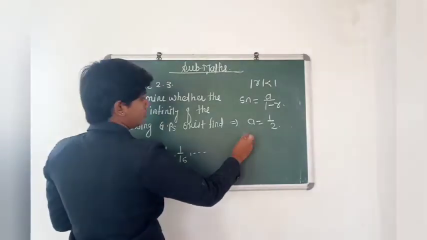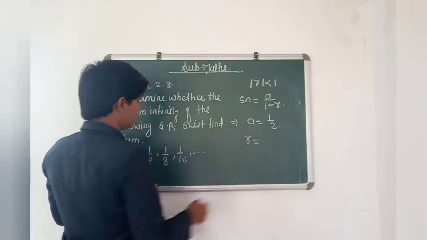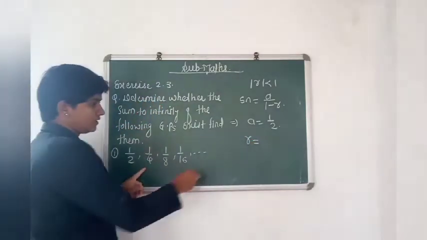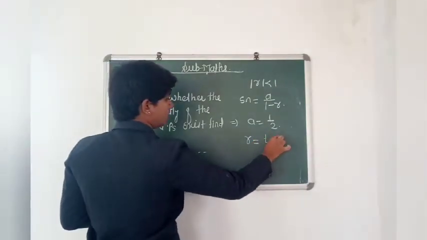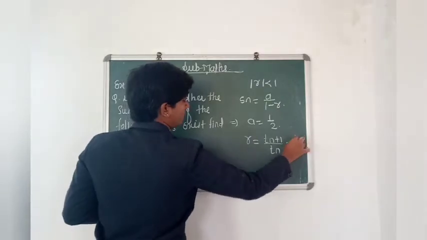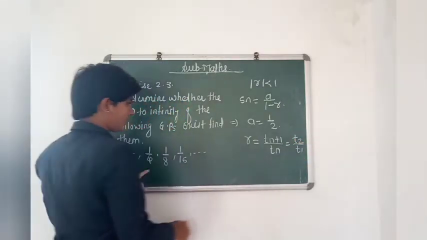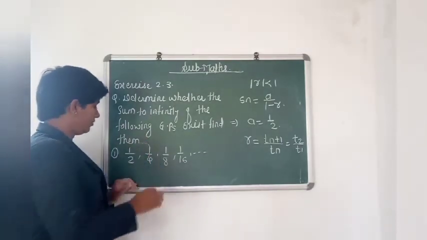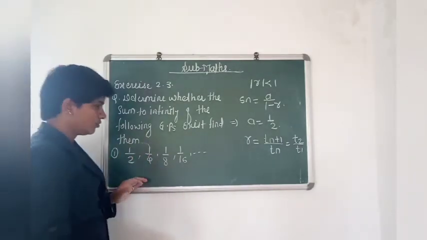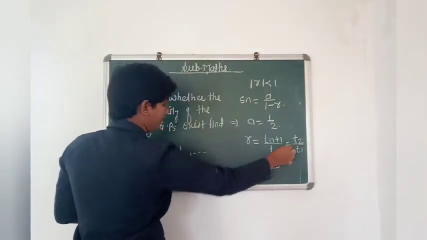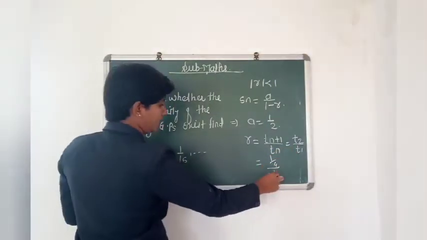So common ratio r is equal to second term divided by first term, that is the formula T n plus 1 upon T n, that means T2 upon T1. After substituting n is equal to 1, T2 is 1 by 4 and T1 is 1 by 2. 1 by 4 whole divided by 1 by 2.